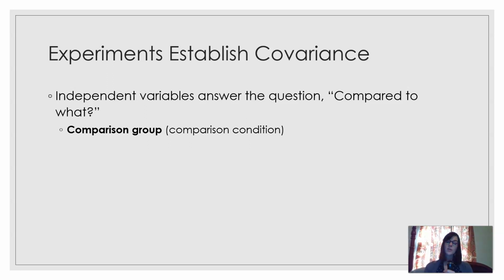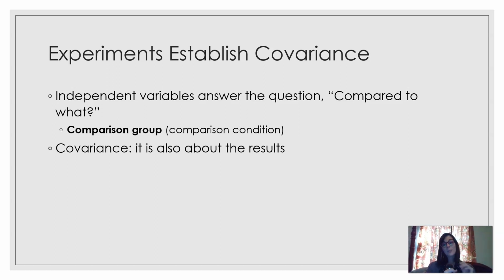So you need a good comparison group and independent variables. By setting up these different levels of comparison, we actually get a group to compare to, or a comparison condition. So we have that covariance. We actually get a comparison group that varies.